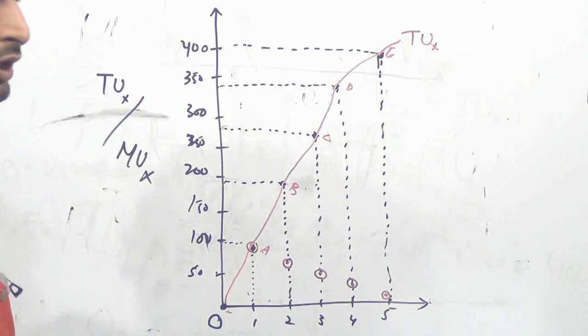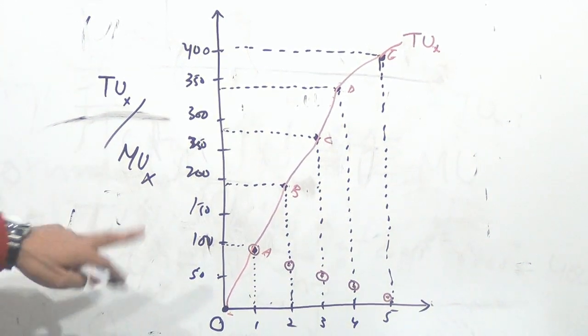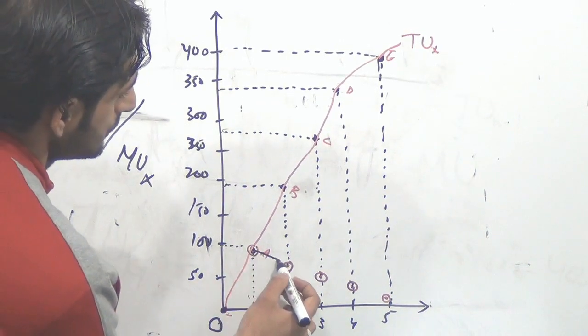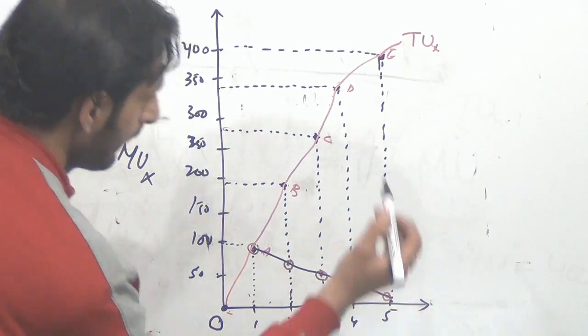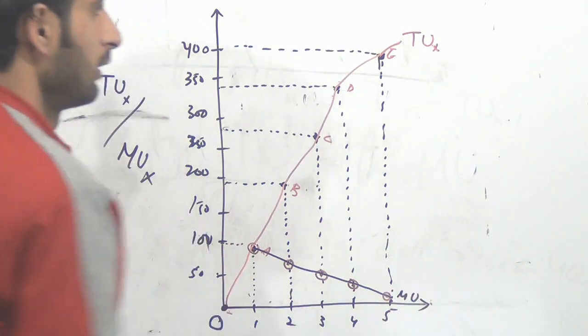Now, when I join these points, I'll get another curve like this. This is the marginal utility.